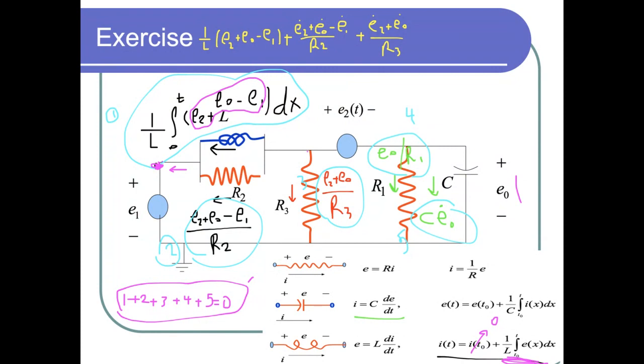Now, for 4, the derivative is E naught dot over R1. For 5, it's C E naught double dot. So we have now one equation capturing the input-output relationship of the system.